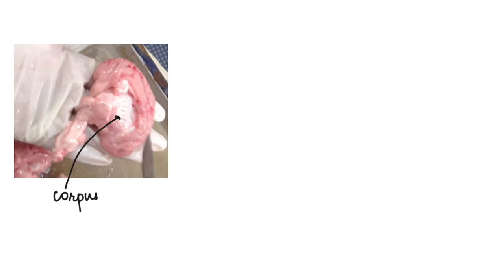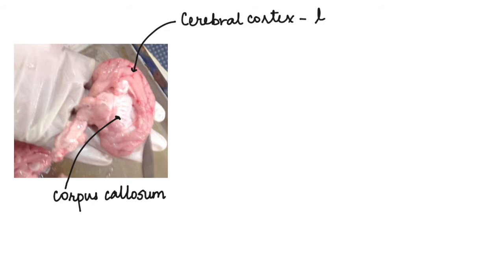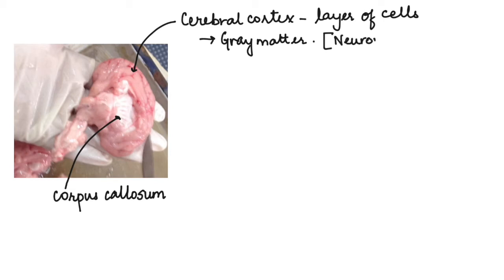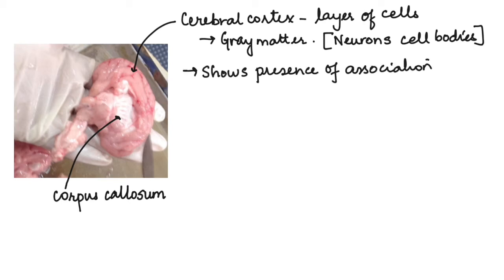So here we see a picture of the brain, and this white part which you can see is the corpus callosum. The part above that is the cerebral cortex, and this cerebral cortex is made up of a layer of cells, that is a layer of nerve cells or neurons. Since it is mostly made up of the cell bodies, these look gray in color and are called gray matter. Here it looks pink, but it is gray in color.